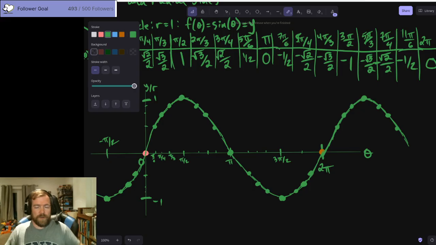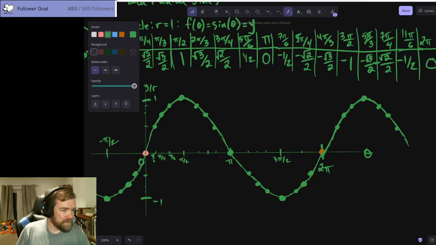And then you can approximate any function you want.